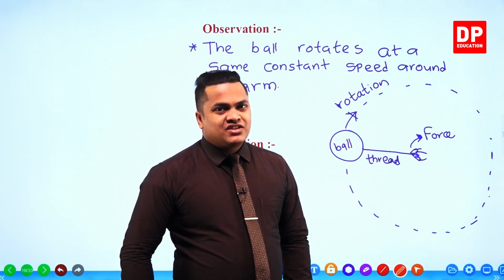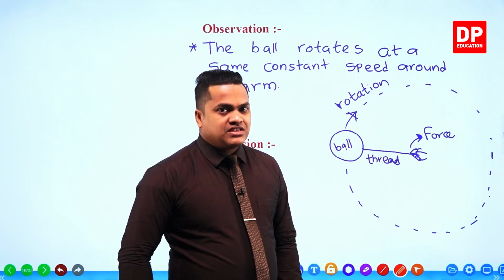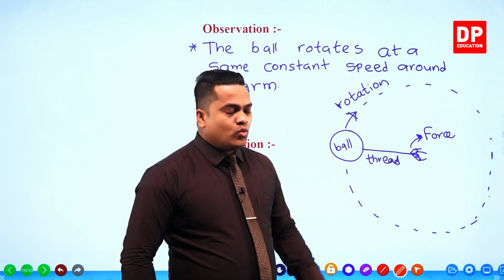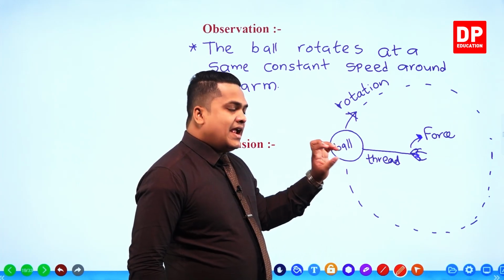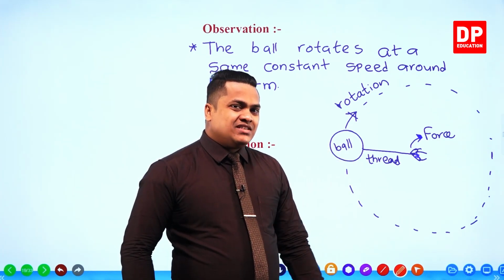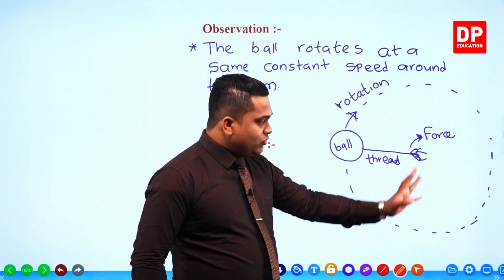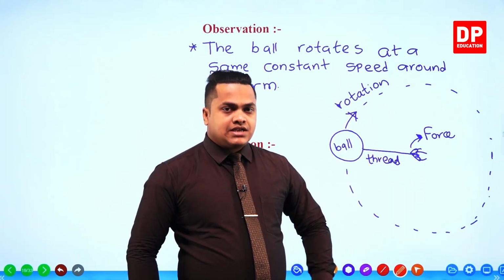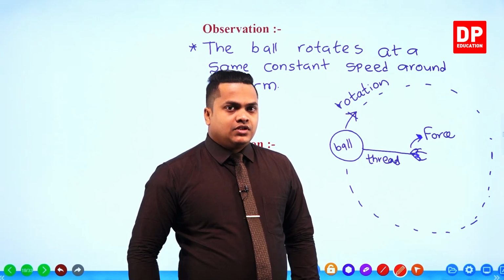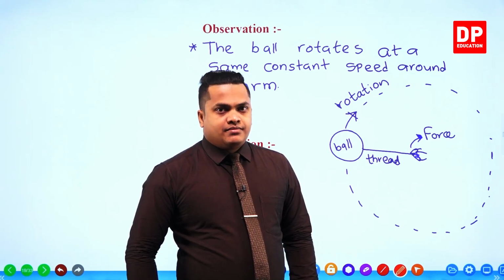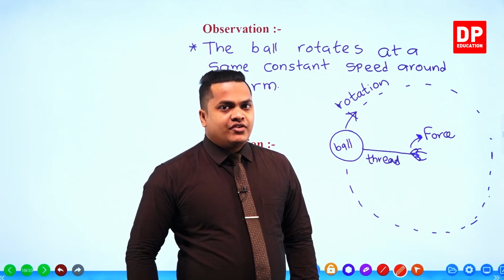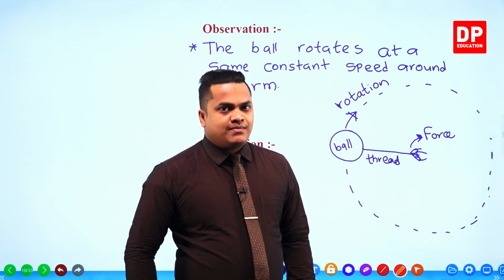So the gravitational force is getting transmitted towards the planet, and that gravitational force is going to help to revolve this planet around the sun. We can't see it, but the force is getting transmitted towards the planet.